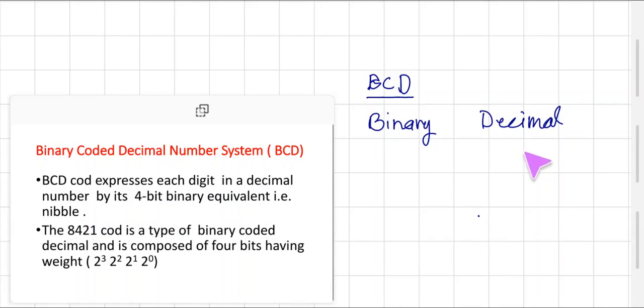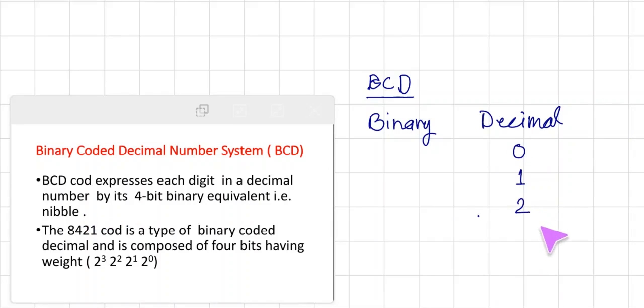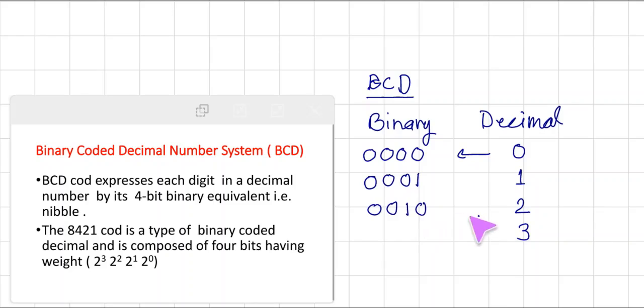So for example, we know decimal numbers, that is 0, 1, 2, 3. Now these numbers can be represented in binary 4-bit form or nibble form, that is 0 can be represented by 0, 0, 0, 0. 1 can be represented by 0, 0, 0, 1. 2 can be represented by 0, 0, 1, 0. 3 can be represented by 0, 0, 1, 1 and so on, that we know.